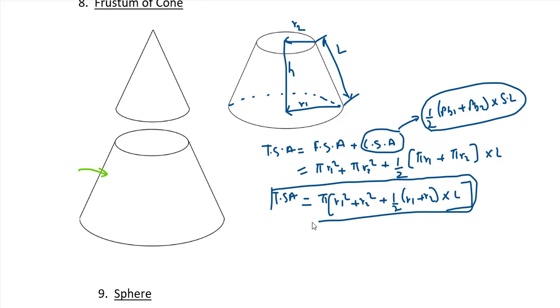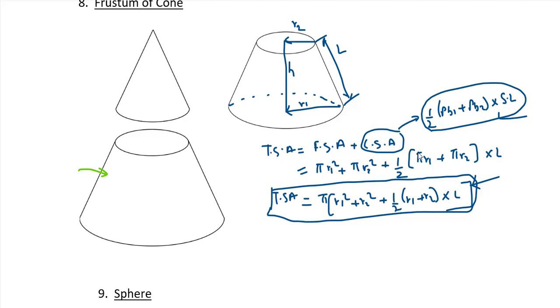Again, you don't need to actually remember this formula. You just understand the concept, and you can easily solve your questions. You don't really need to arrive at this formula also.